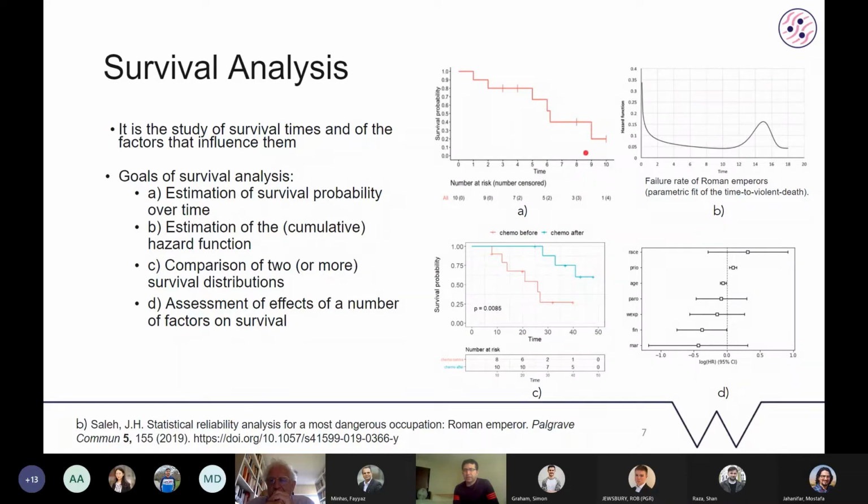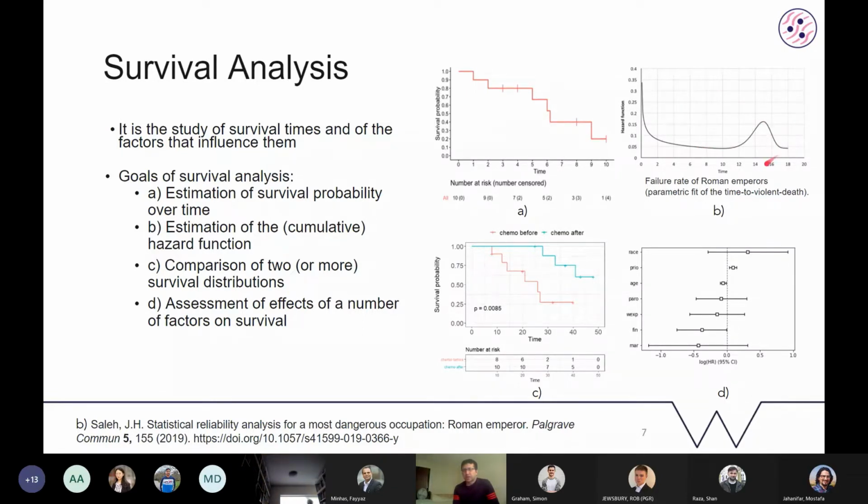For example, in this plot A, we see the estimation of survival probability over time. We can also estimate the hazard function, which can tell us how likely the individuals or the items are to experience an event, for example, die within a certain period of time.